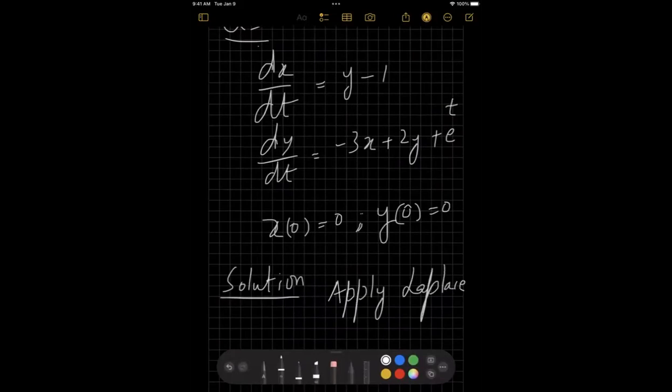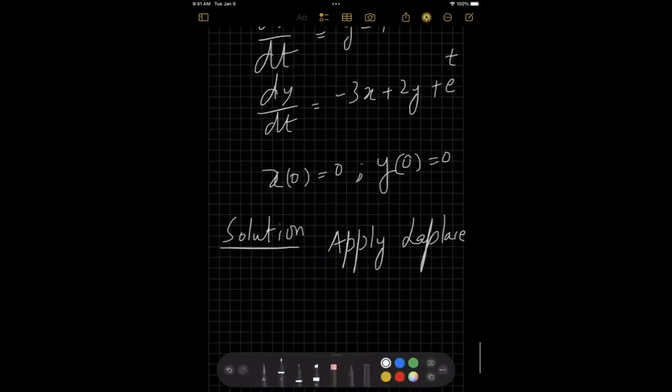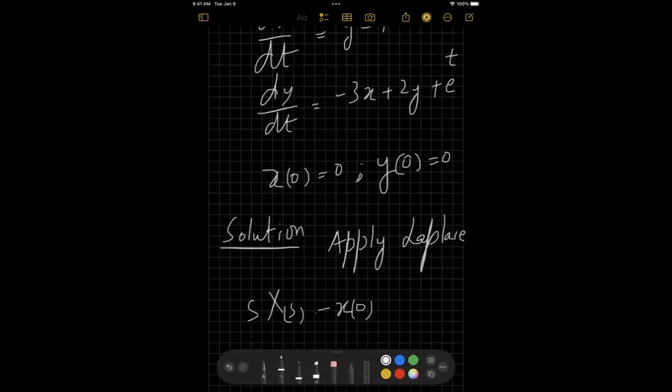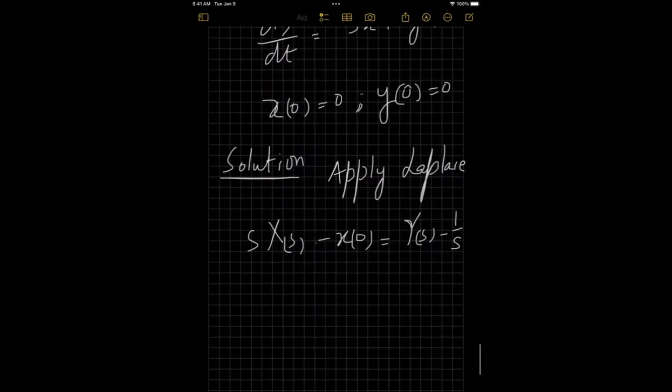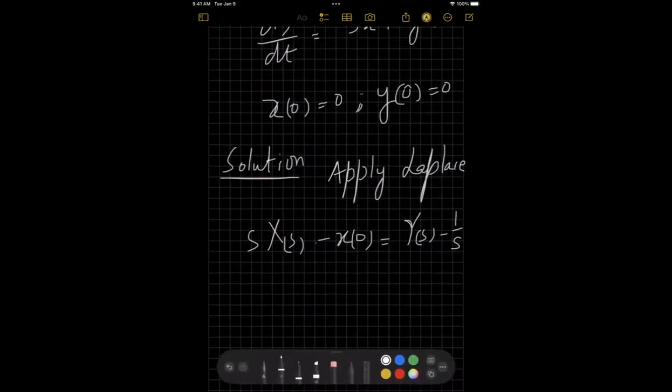Okay, now applying Laplace on the first equation, we have s x of s minus x of 0 equals y of s minus 1 over s. Fine. And for the second equation, it is going to be s y of s minus y of 0 equals minus 3x plus 2y plus e^t.